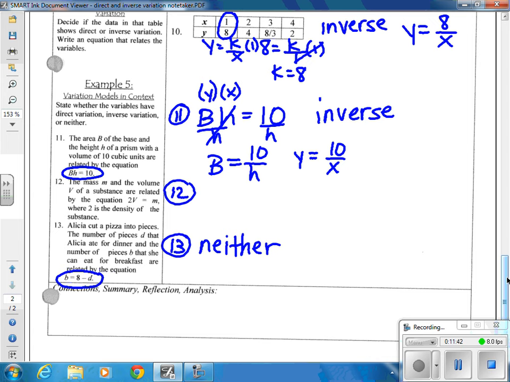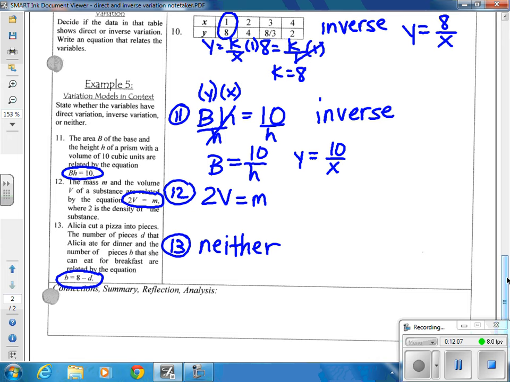They gave you the formula of 2V equals M. With that, we need to figure out who is acting as the X and who is acting as the Y. In this case, it tells us that they are related together and that the density is twice that of the substance.